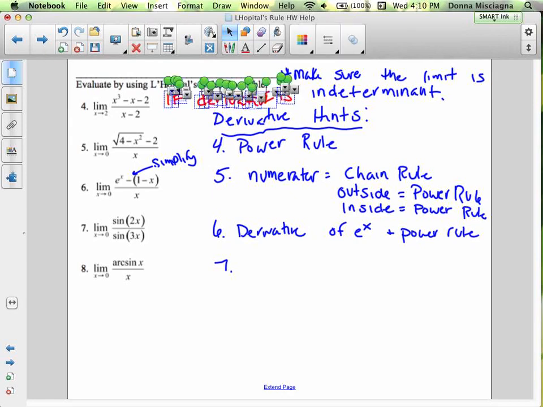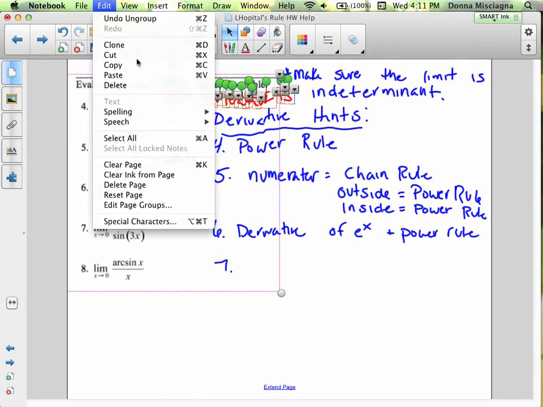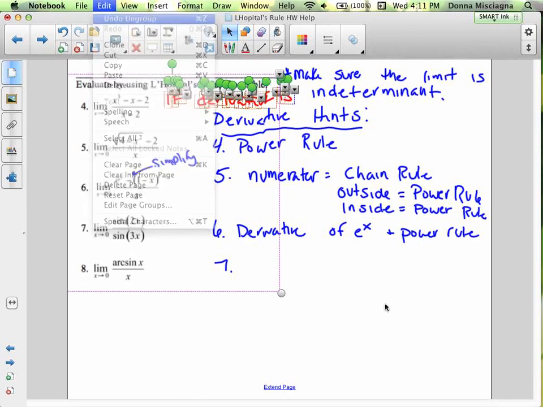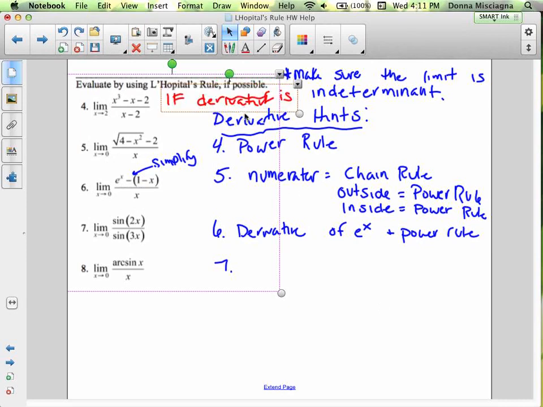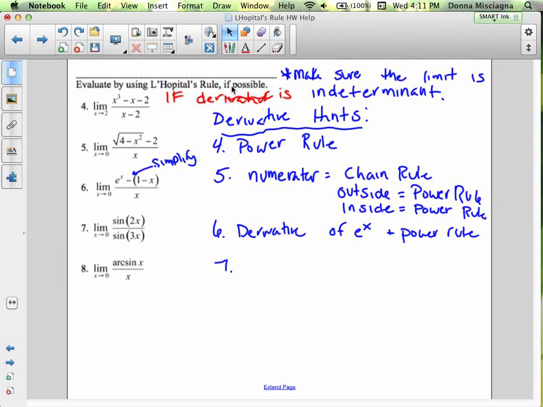Oops. I guess I can't move. I hate when that happens. Undo the ungroup part. I wanted to just move that line up, the if possible part. That does not want to move. Oh, that likes to move.